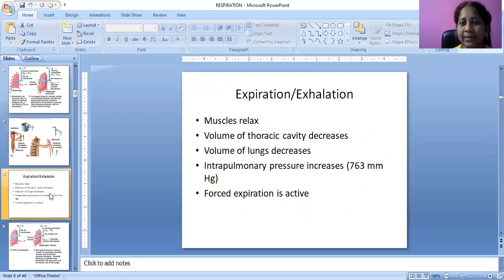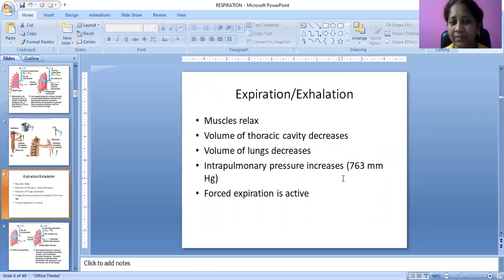Expiration or exhalation. In inhalation, muscles contract, but in expiration, muscles relax. Due to the relaxation of muscles, the volume of the thoracic cavity decreases and the volume of the lungs also decreases.